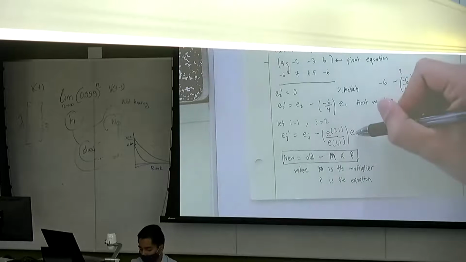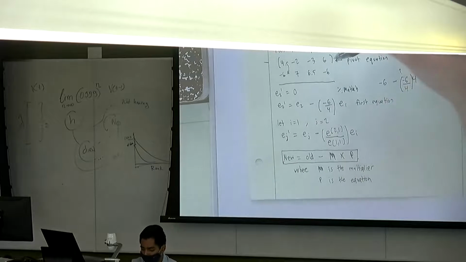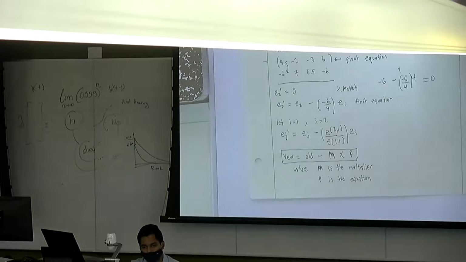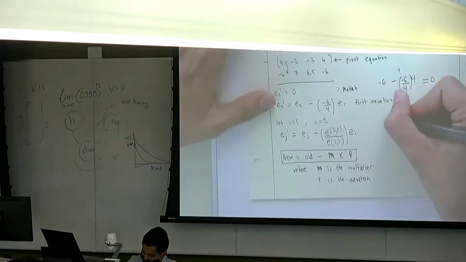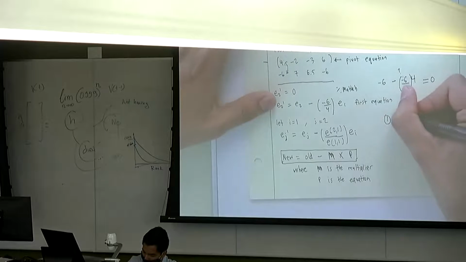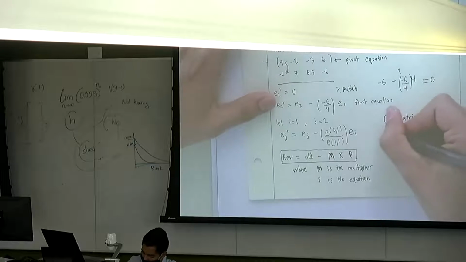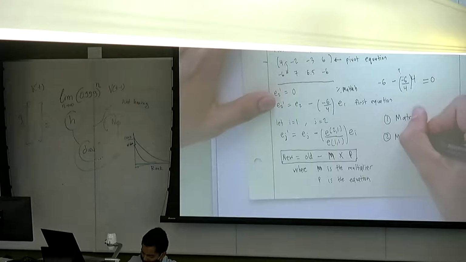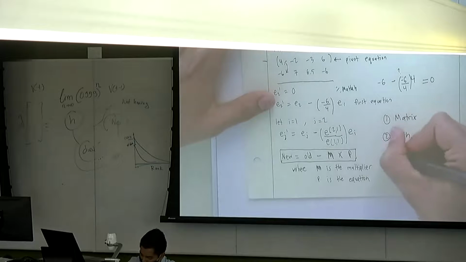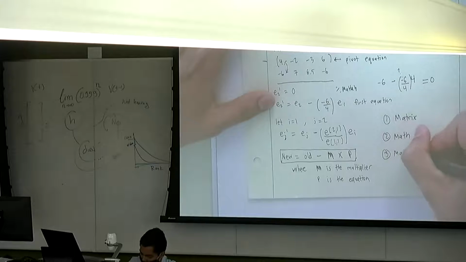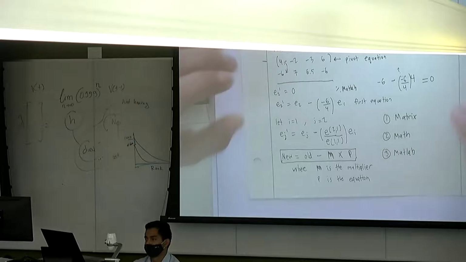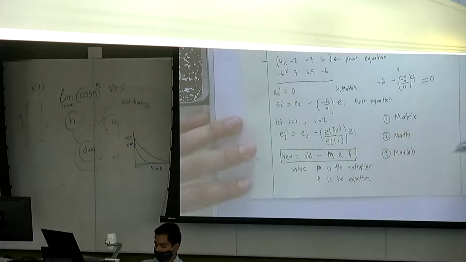Or you can think about the MATLAB way, or you can think about the matrix way. So we have three ways of conceptualizing this. We have just the numbers, let's call this the matrix way. Then we have the math way with the equations, and then we have the MATLAB way. Whichever way you like, just stick with that and then practice the other two.